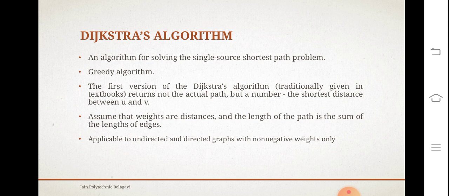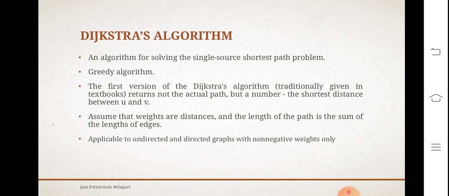There are several well known algorithms for finding shortest paths, including Floyd's algorithm, you might have heard, for the more general all pairs shortest paths problem. We'll be discussing those in the later stages; you will be learning those in your higher studies. Here we consider the best known algorithm for the single source shortest path problem, called Dijkstra algorithm.